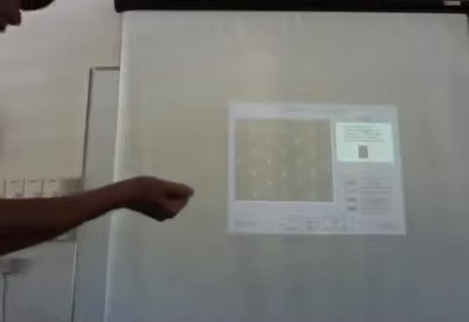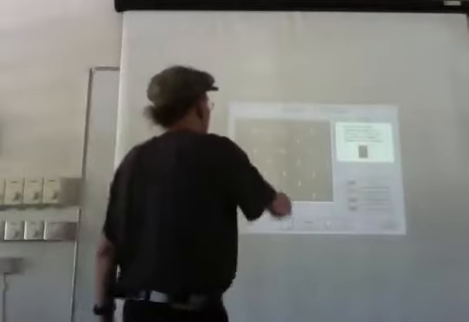So, and here we have again a twofold rotation axis.